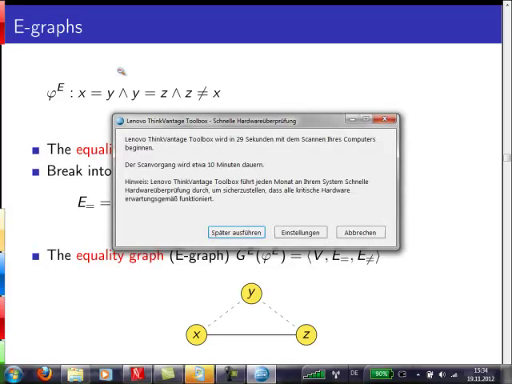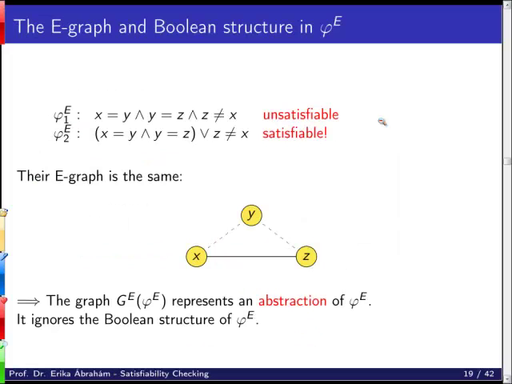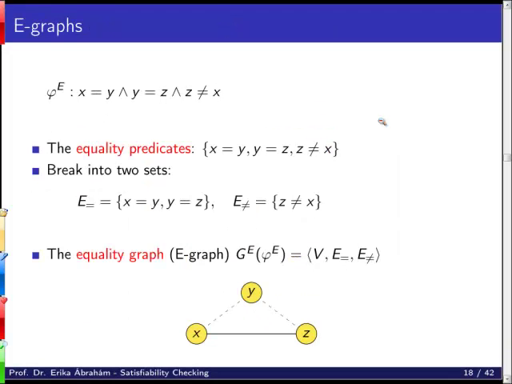And now we can build a graph. This is called the equality graph, which contains the variables in these sets and contains a dotted line if there is an equality between the two variables, and a solid line if they are unequal.